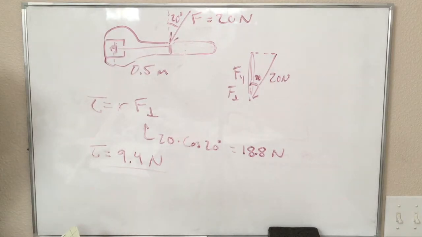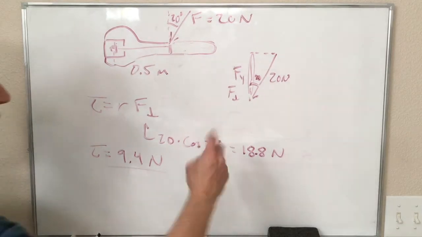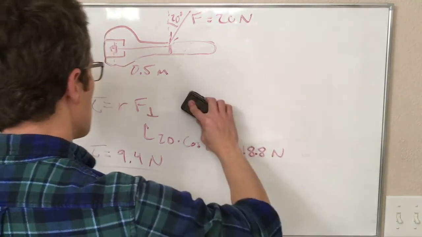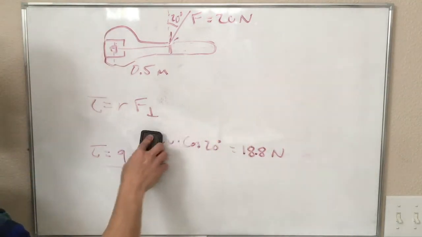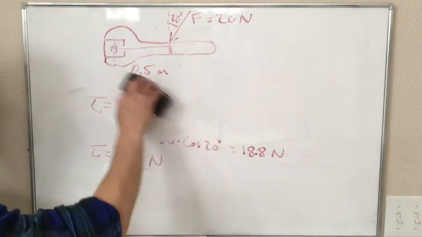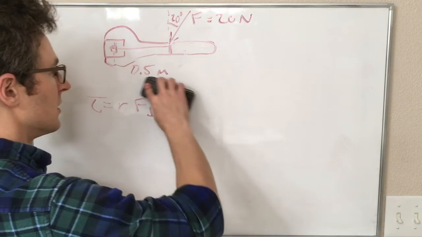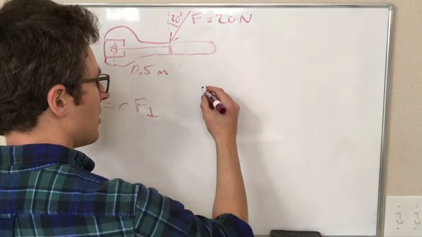All right, great. One last equation I want to give you. So this equation works for all the torques we need to calculate in this class, but sometimes it might be more convenient to use it in a slightly different form, and that is the following.